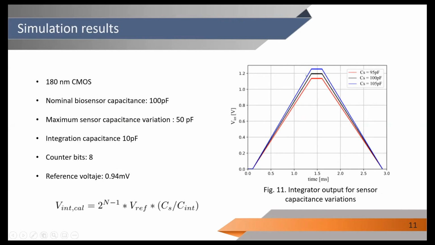But given that the difference between the calibration and measurement phases is taken for the capacitance to digital conversion, the system is immune to biosensor variations due to the manufacturing process. The maximum integrator voltage output and the resolution of the counter can be chosen to compensate larger biosensor capacitance variations and improve the resolution of the system.